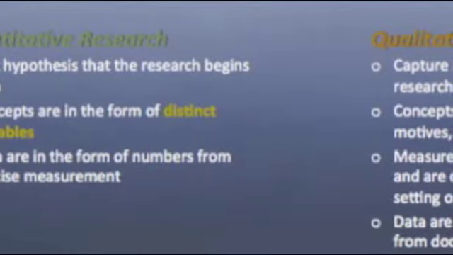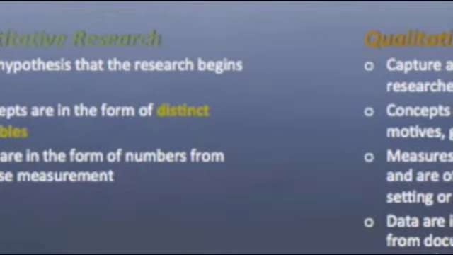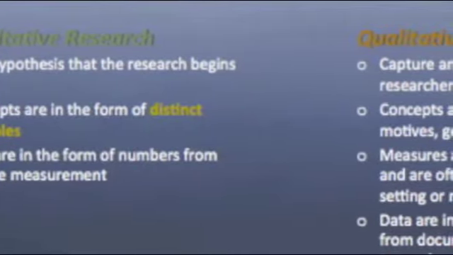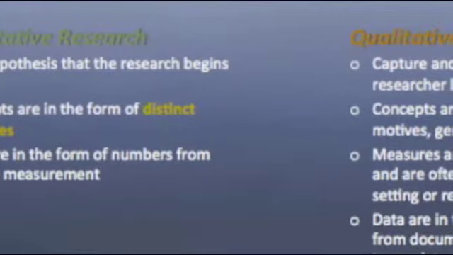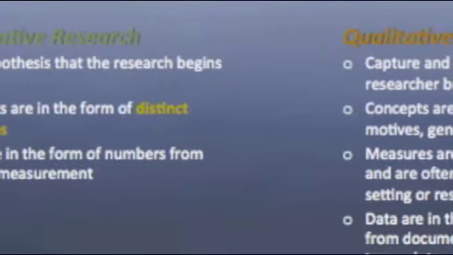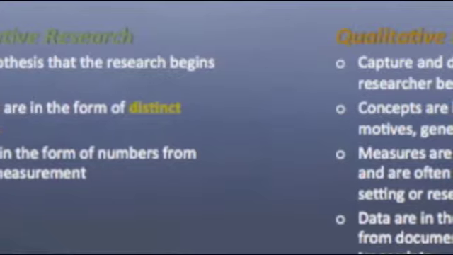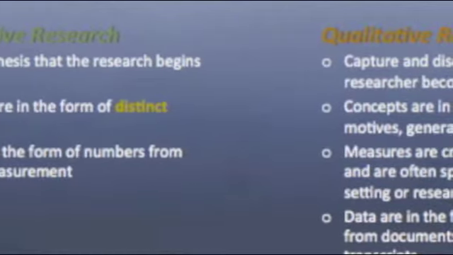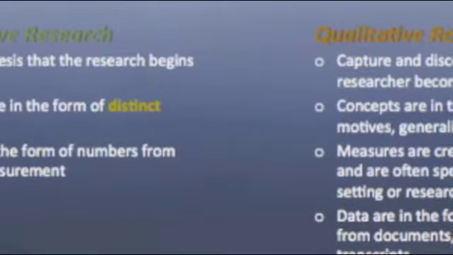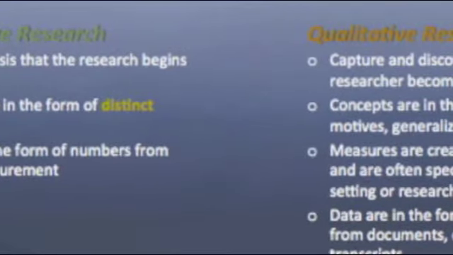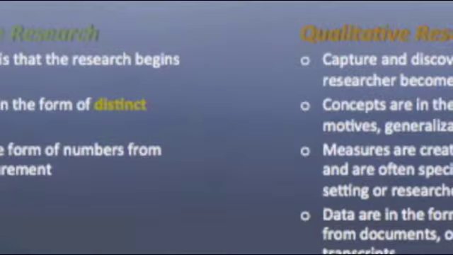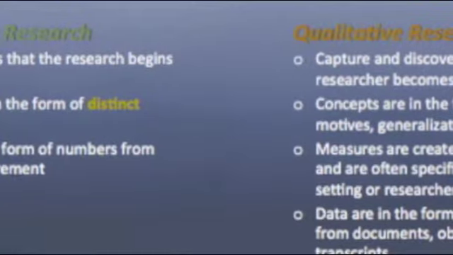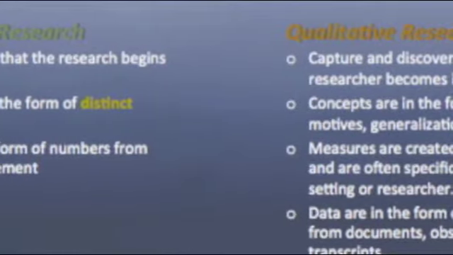Now qualitative is a little bit different, where it really wants to capture the essence of what somebody is describing about something, and the researcher is more immersed in what they are looking at. Concepts really cannot be generalized from population to population.